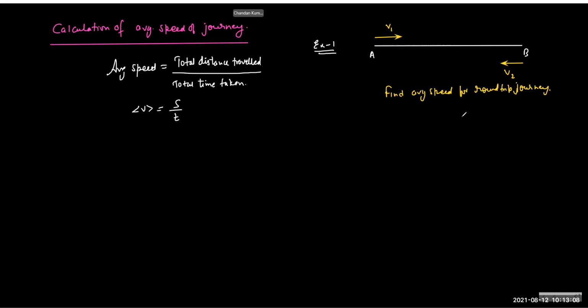Like you have a car, you are going from A to B and coming from B to A. The distance is the same in both cases, but the speed is different. The answer is V1 T1 plus V2 T2 upon T1 plus T2. But I haven't given T1, T2, right?